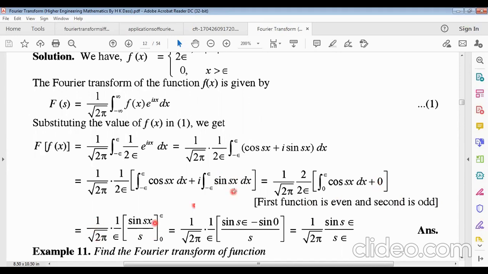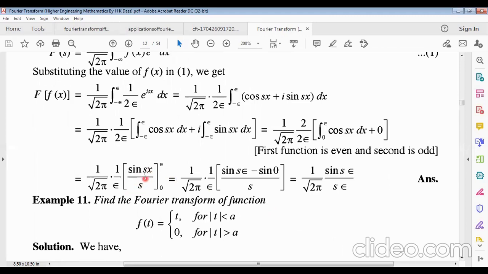Now 1 by twice root pi, 2 divided by 2 will be cancelled, 1 by epsilon. So cos integration: integration of cos sx, dividing by the coefficient of x. Coefficient of x is what? s. So we get this one.